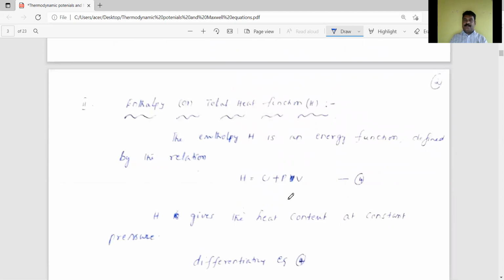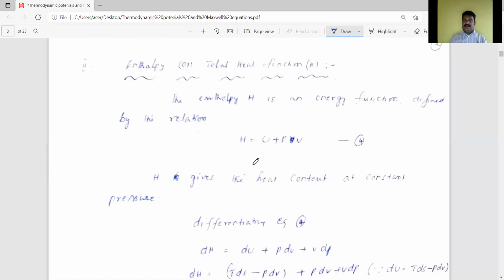Similarly, after that, we have seen the enthalpy, the total heat of the system. Enthalpy H can be explained with the relation H equal to U plus PV, where PV gives us the work done, and U is the total internal energy.